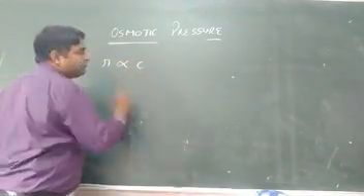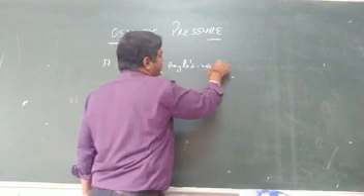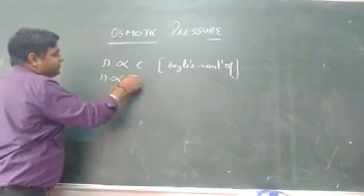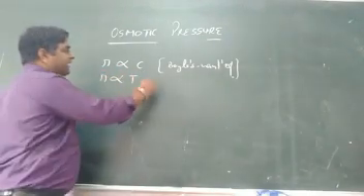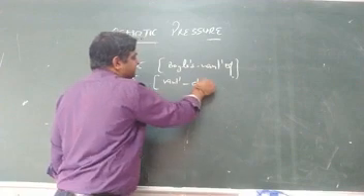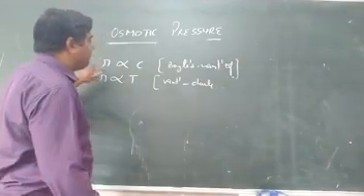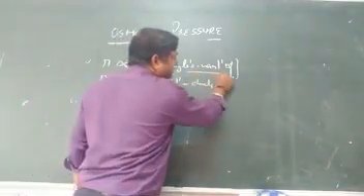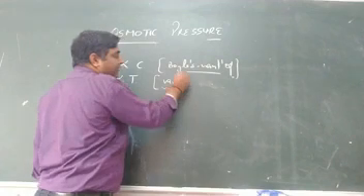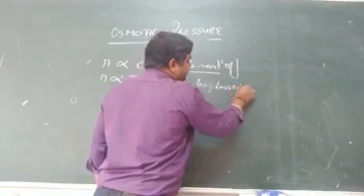First, pi is directly proportional to concentration, which is called the Boyle-Van't Hoff equation, and second, pi is directly proportional to temperature, which is known as the Van't Hoff-Charles equation, or Gay-Lussac's equation.